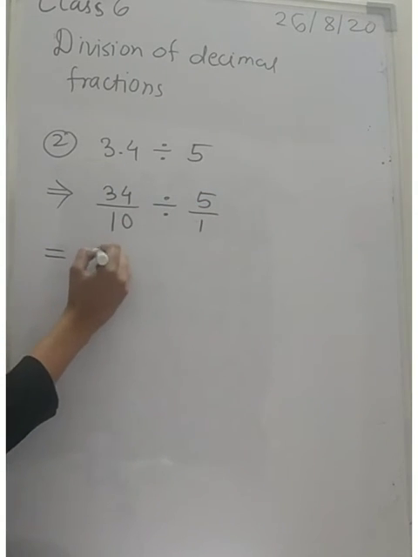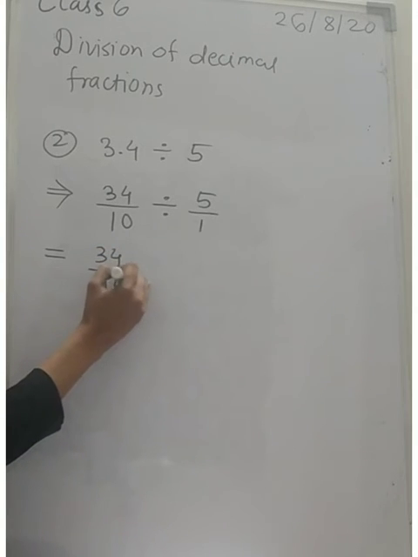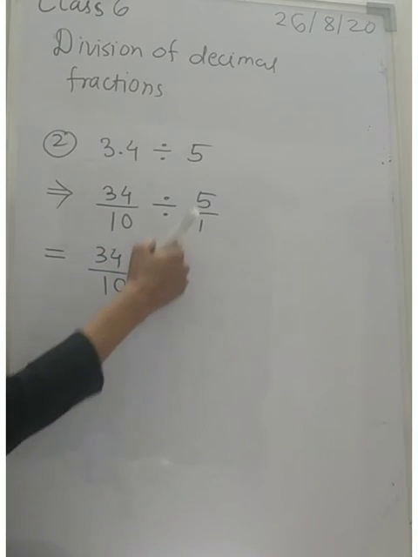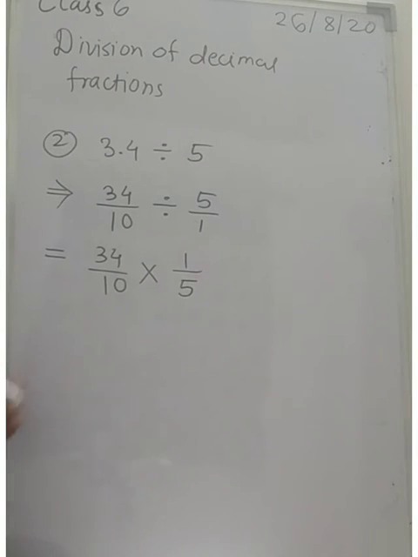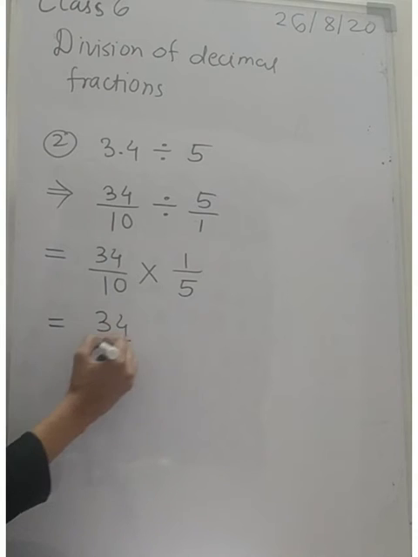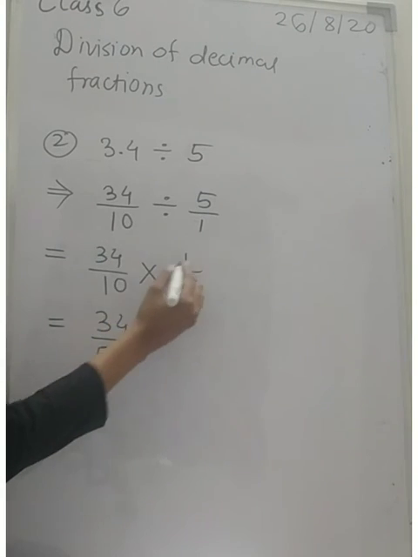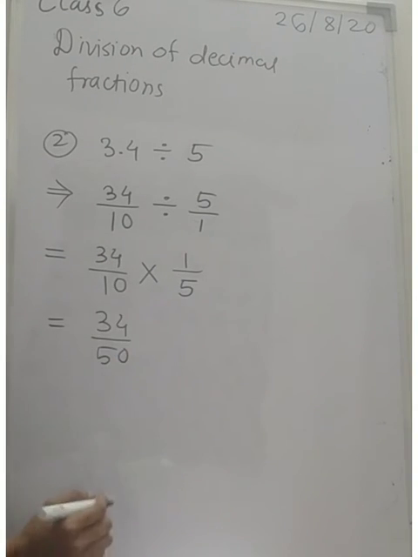Is equal to 34 upon 10 multiplied by, now I am going to reverse it, okay? 1 upon 5. Okay? So this will be equal to what? 34 upon 50. This will be 34 and 5 tens are 50.